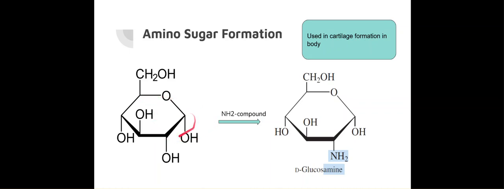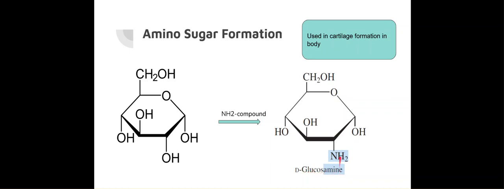In our bodies, this can get converted to what's called an amino sugar. So this is still a sugar, but one of these hydroxy groups gets replaced with an amino group by reacting with some amine compound. And so this goes from D-glucose to D-glucosamine.